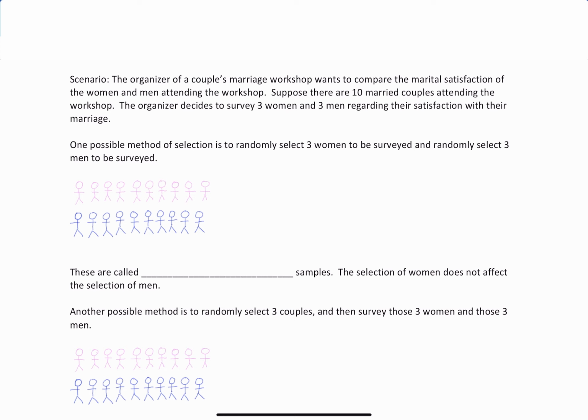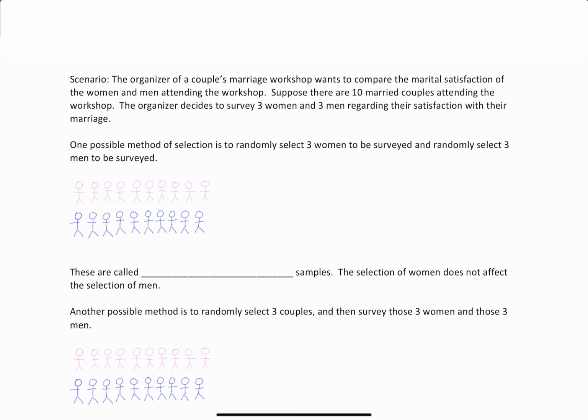So suppose there's 10 married couples attending the workshop, and the organizer, in order to compare marital satisfaction, decides to survey 3 women and 3 men regarding their satisfaction with their marriage. Now, one possible method of selection is to randomly select 3 women to be surveyed and randomly select 3 men to be surveyed.